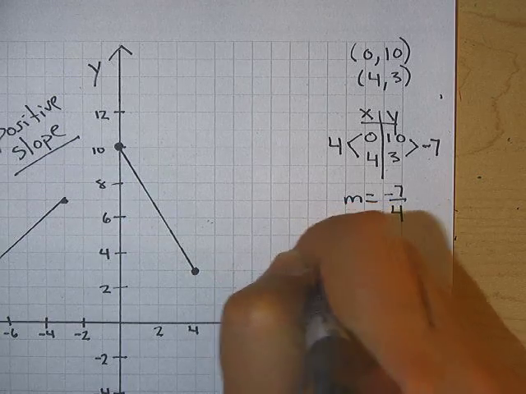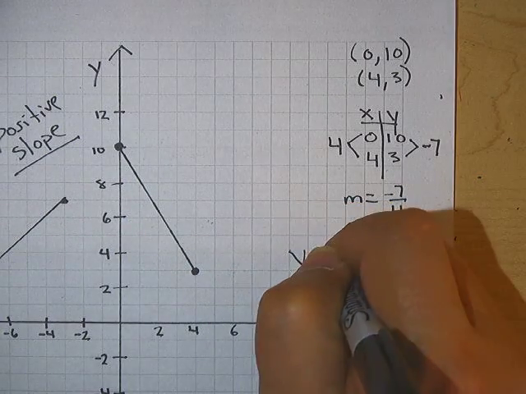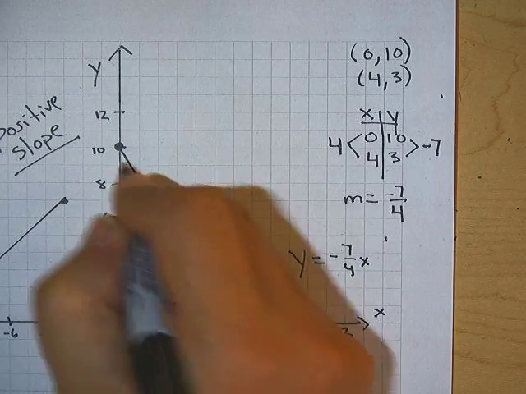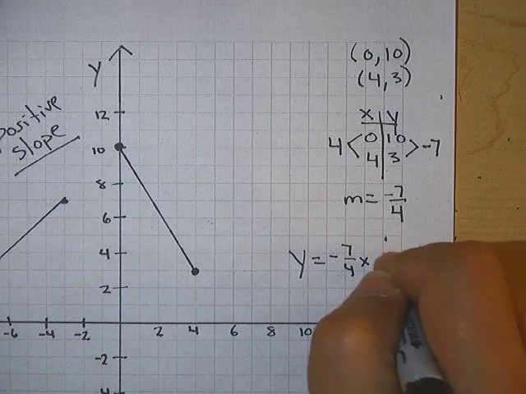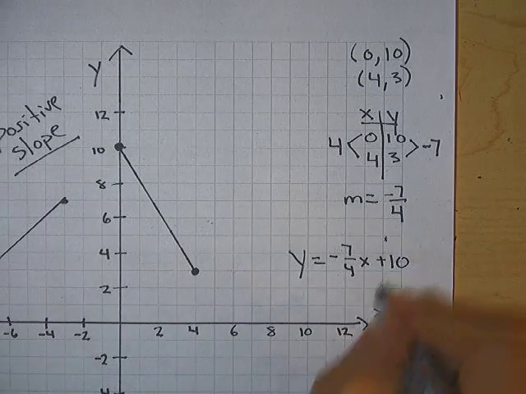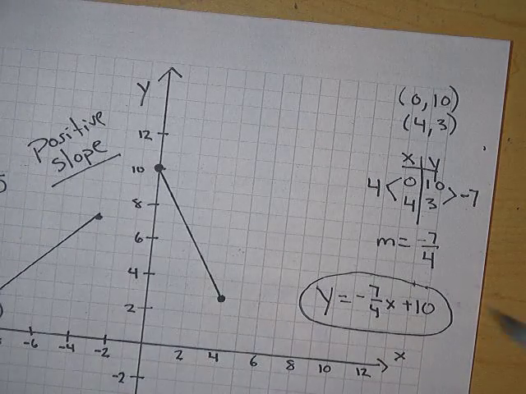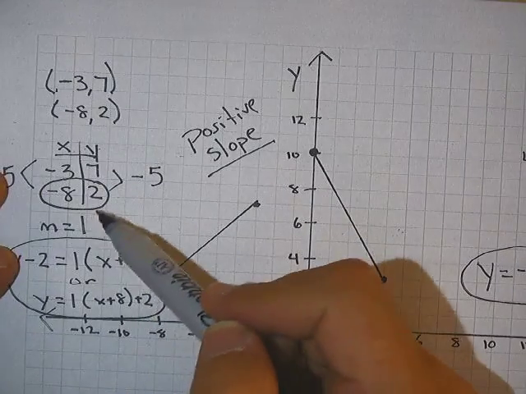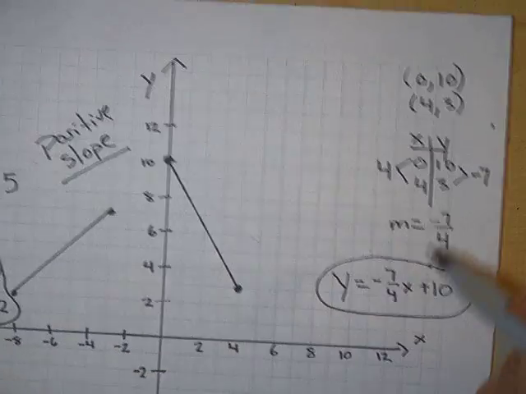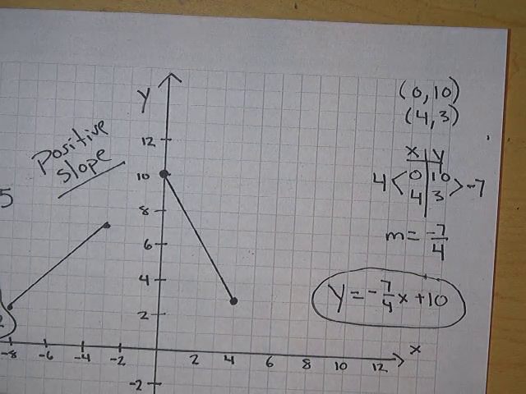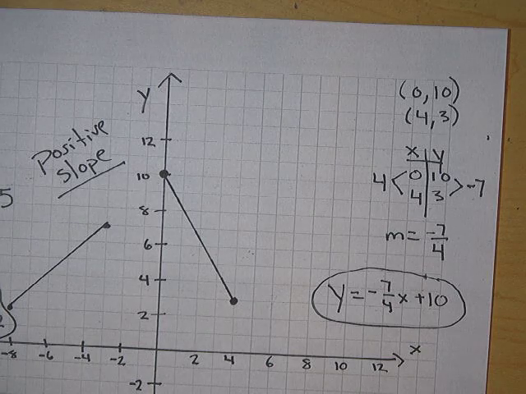Okay? Now looking at this, you have to make the decision about which form to use. See how I have the y-intercept. So I think the easiest one to use would be slope-intercept, since I've got the y-intercept right here. So I think the easiest way to write this would just be y equals, we've got our slope, negative 7 over 4x, and we've got our y-intercept, so I'm just going to write plus 10.